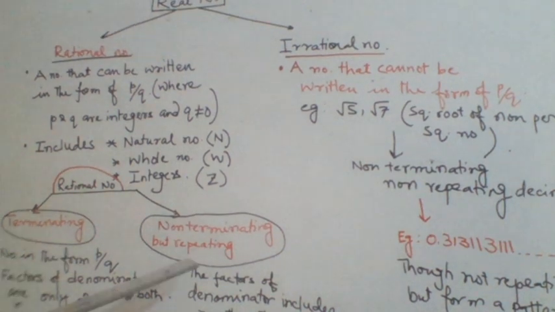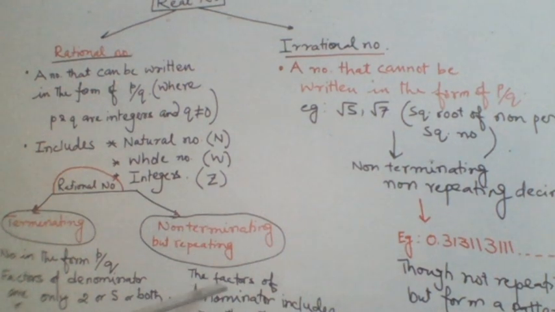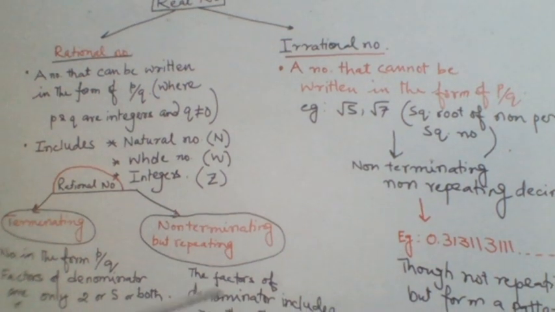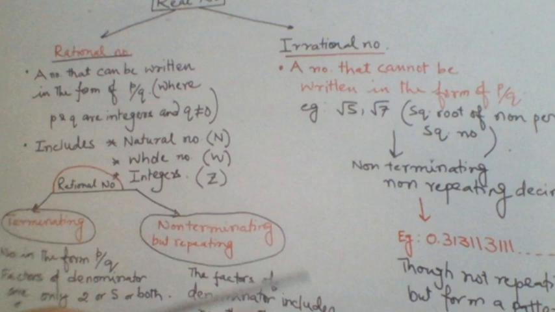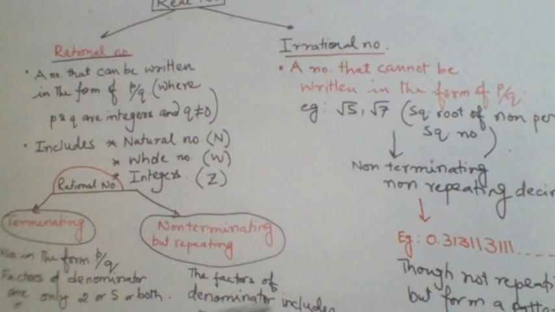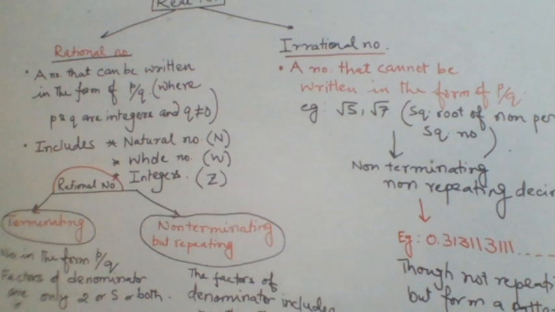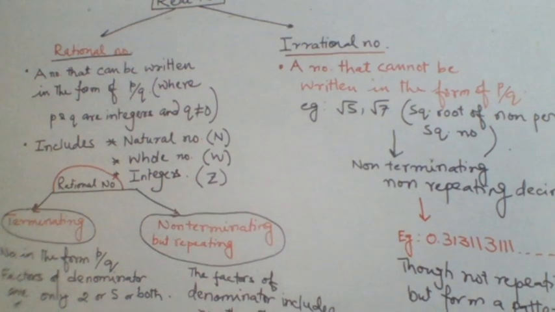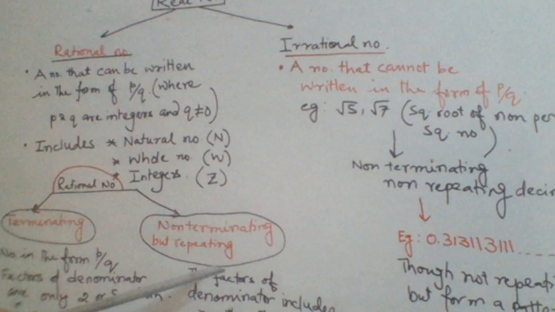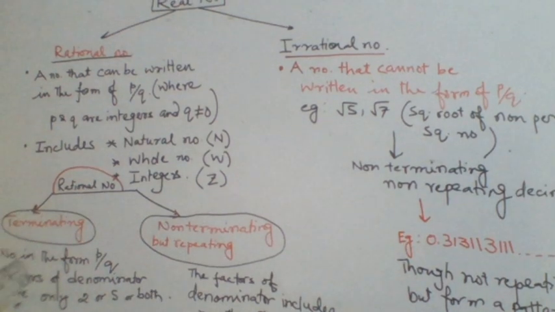And in the lowest form, if the denominator includes numbers other than 2 and 5, then that number is going to give you a non-terminating but repeating decimal.